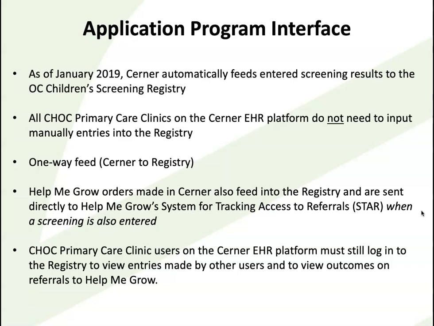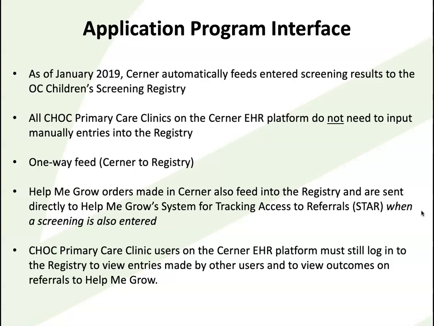It is a one-way feed, so the information only goes from Cerner to the registry. So it is still beneficial for you as a user to have terms of use and an account for the registry, so you may log in and utilize its other features. But essentially, Help Me Grow orders that are made in Cerner also feed into the registry and are sent directly to Help Me Grow's system for tracking access to referrals, what we call our STAR system, when a screening is also entered.